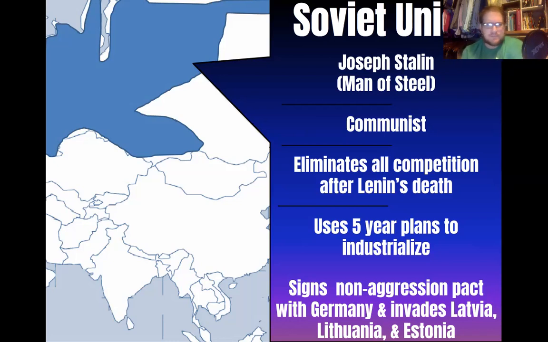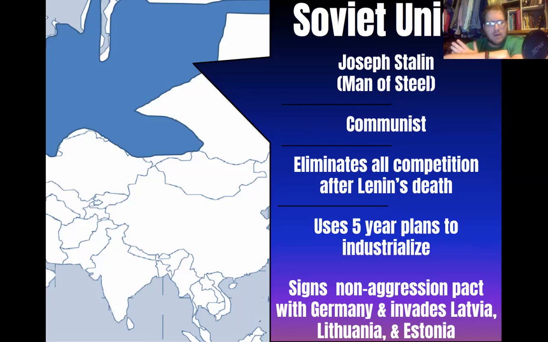own weapons. So he begins World War II by signing a non-aggression pact with Germany, which is essentially when we talked about spheres of influence during our colonialism and imperialism lessons, we kind of talked about drawing circles on a map and making sure that two nations' circles don't overlap, or it could be seen as a hostile action.